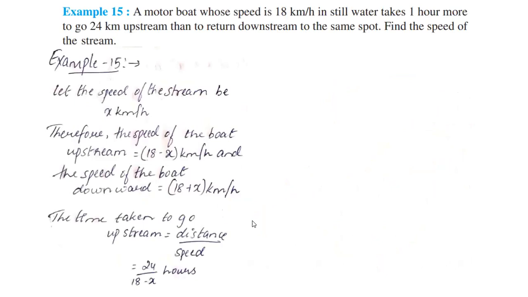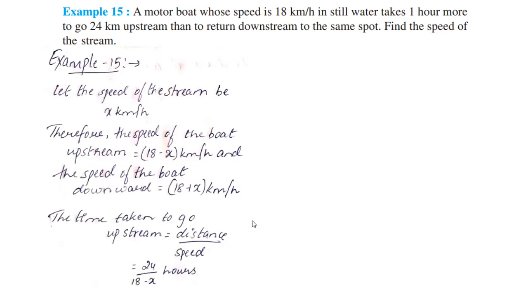Question number 15. A motorboat whose speed is 18 km per hour in still water takes 1 hour more to go 24 kilometers upstream than to return downstream in the same spot. Find the speed of the stream.